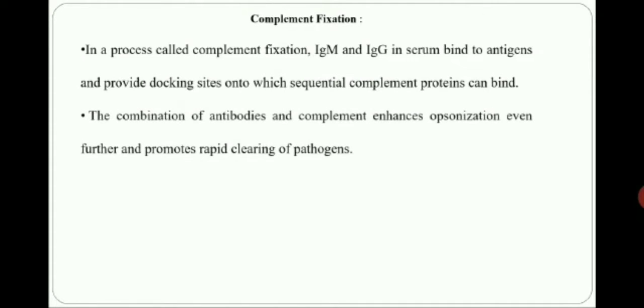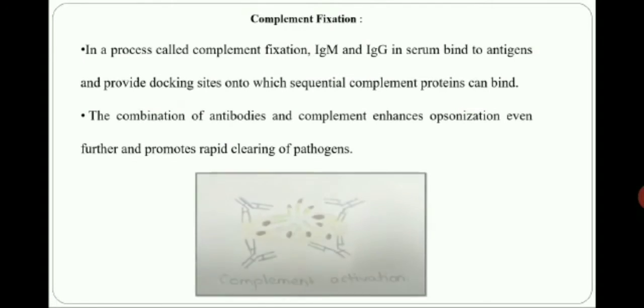This combination of antibody and complement enhances opsonization and promotes the rapid clearing of pathogens. So here you can see antibodies attached to the antigen, and in addition they provide a docking site where different kinds of proteins of the complement system can bind.